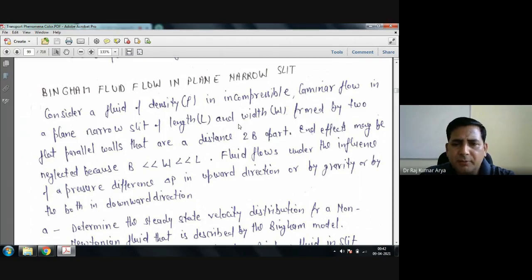So the Bingham fluid is actually a fluid where it needs at least some minimum force, or shear force, to be applied in order to make it flow. So if you have below a particular value, it won't flow, and when you apply a force beyond that value, then it will start flowing and behaving like a Newtonian fluid. So that type of fluids are Bingham fluids.